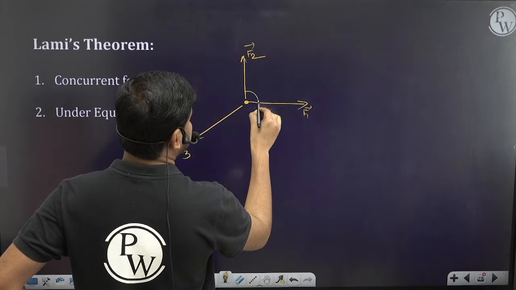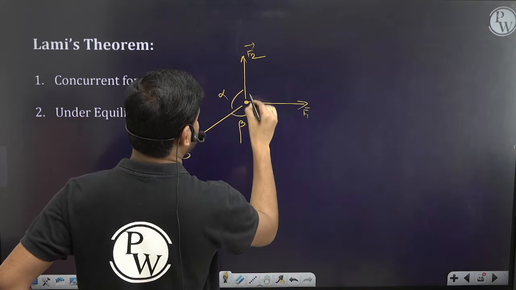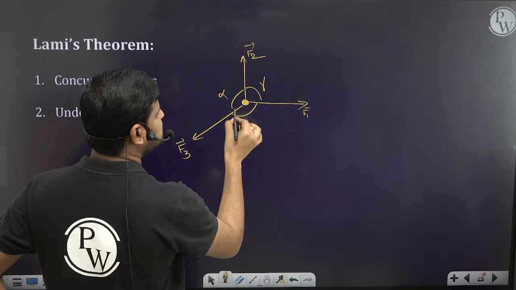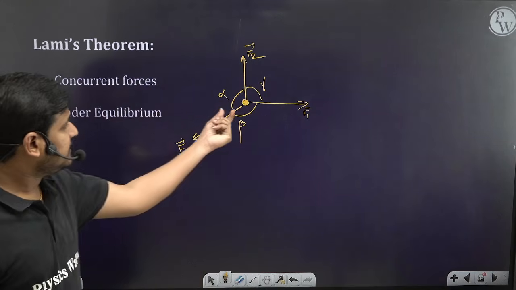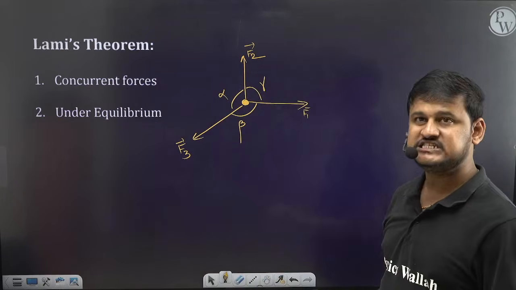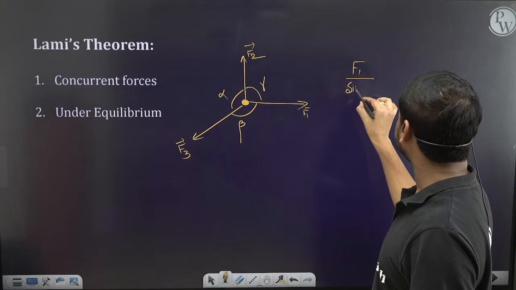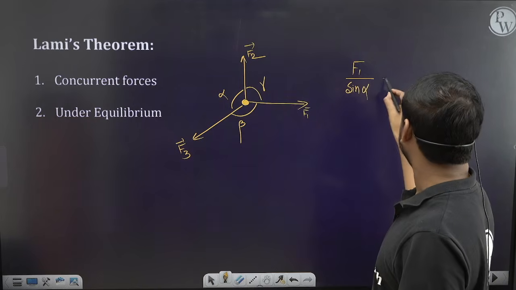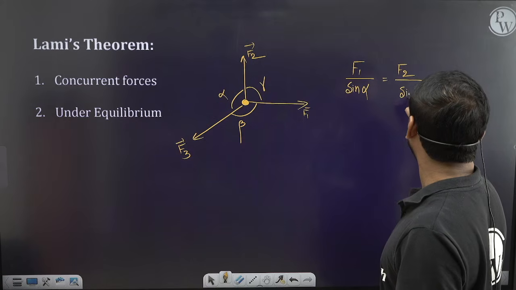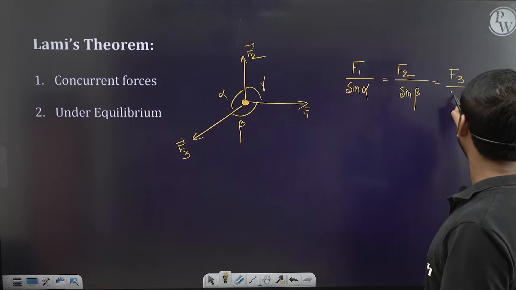Let's say this angle is alpha, this angle is beta, and this angle is gamma. Here is the body, and on this body these three forces are acting. If the body is in equilibrium, then by Lami's theorem you can simply write: force F1 by the sine of its opposite angle, sine alpha, equals force F2 by the sine of its opposite angle, sine beta, which equals force F3 by sine gamma.